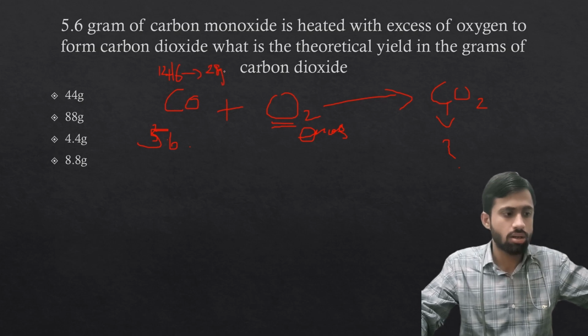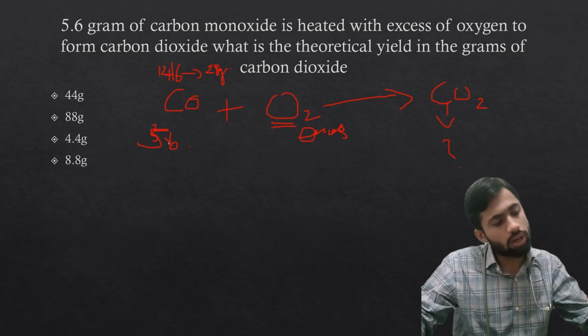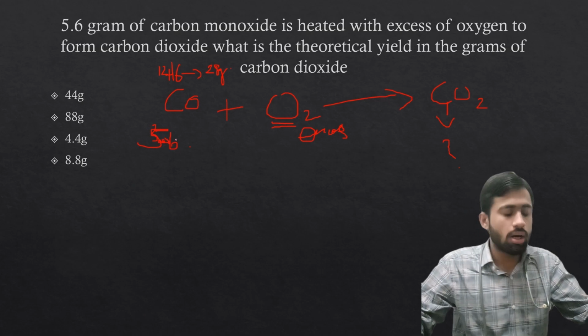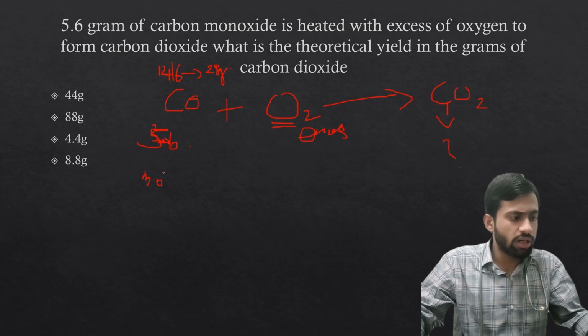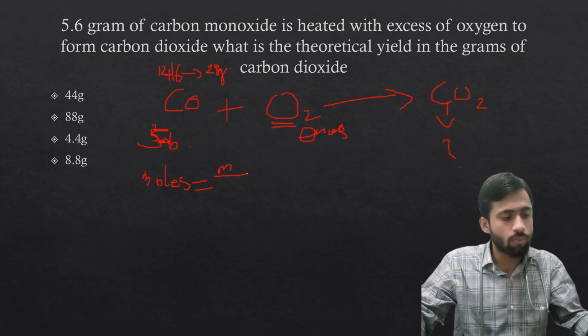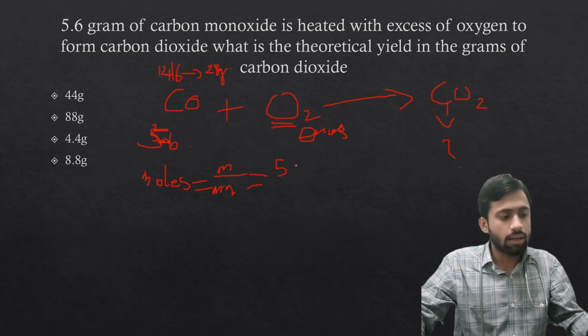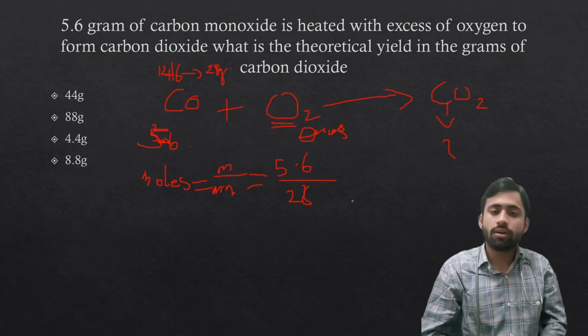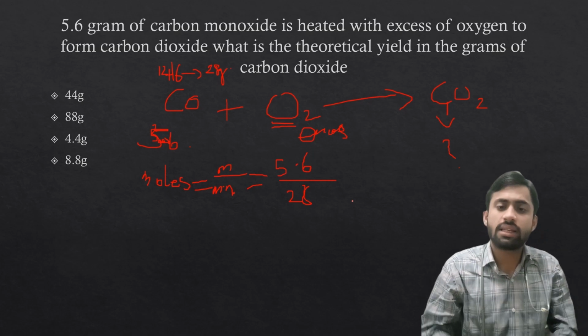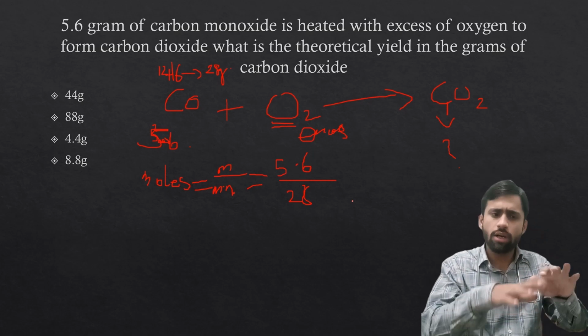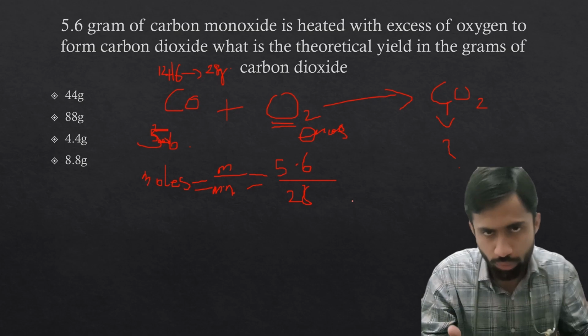Yeah, 28 grams. Now, in order to find the moles, I need to have a calculation that is known as moles is equal to mass in gram by molar mass. So mass is 5.6 grams, that is given. Molar mass is 28. Now, in order to solve such kind of question, I have already told you the simplest trick, you can also find a video on this on my YouTube channel.